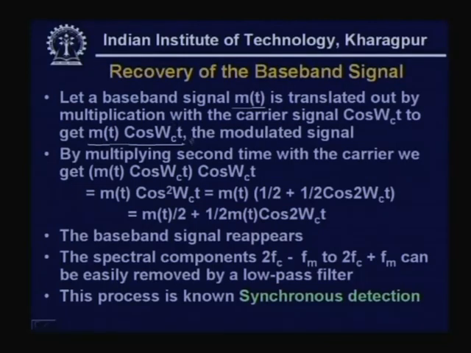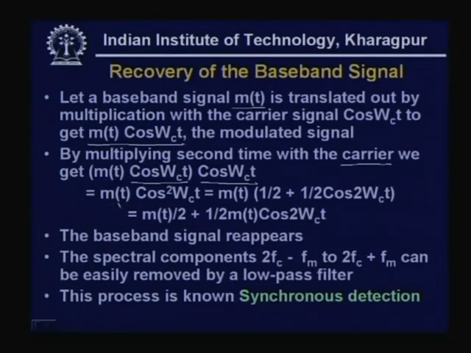Now, we multiply this using the carrier signal. First time we multiplied with the carrier signal to get the modulated signal. Now, you are multiplying a second time. Let us see the effect.